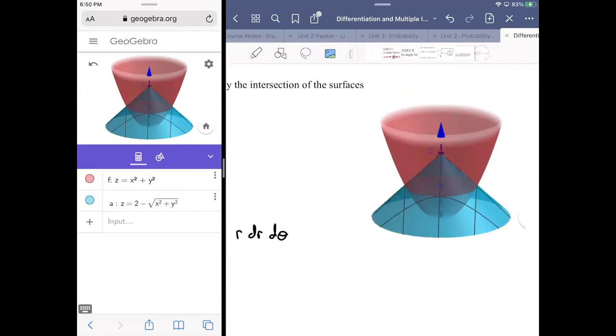All right, so yeah, it's this piece here. So going here, here, and then down and around. It's kind of like the little hat there.